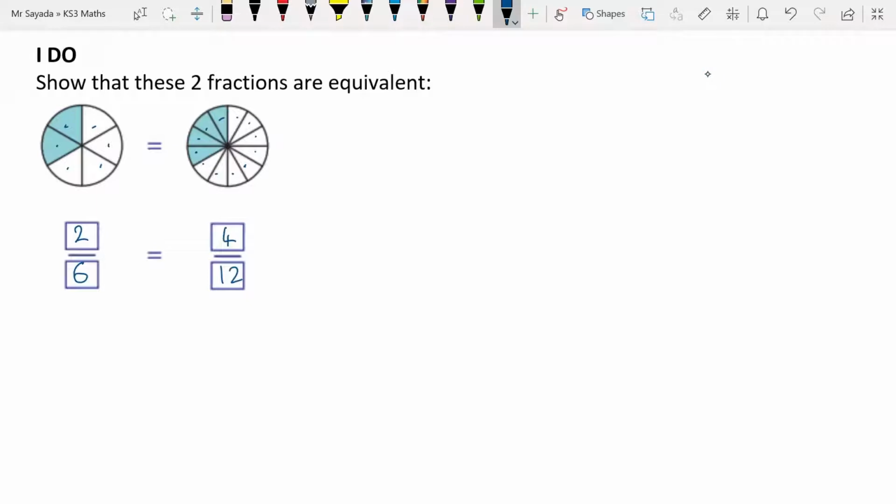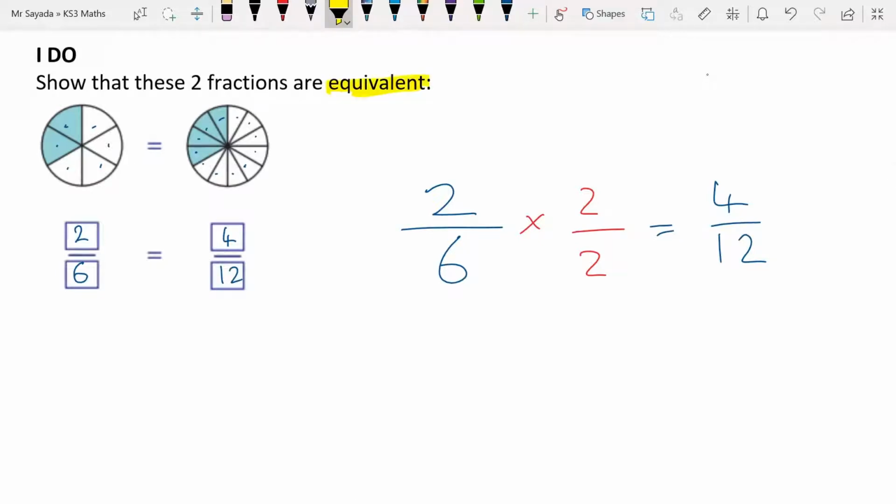Now I can see from the picture that the shaded parts look exactly the same size, but I need to now show, using my method, what both top and bottom have been multiplied by. So 2 has been multiplied by 2, and 6 has also been multiplied by 2. That shows that those two fractions are equivalent because both the numerator and the denominator have been multiplied by the same thing. Remember, equivalent means the same.